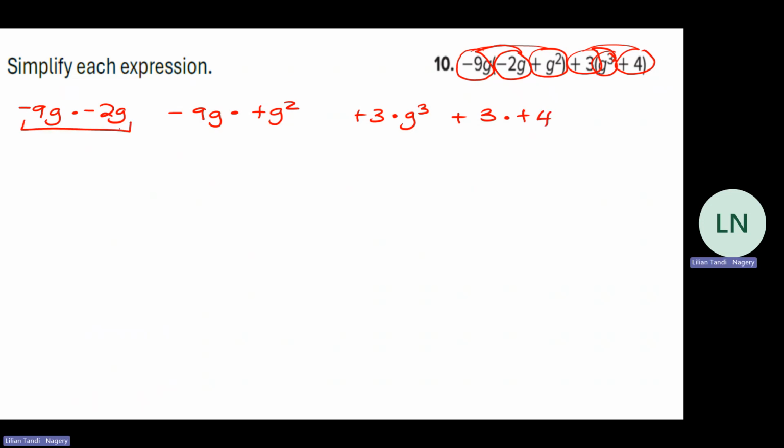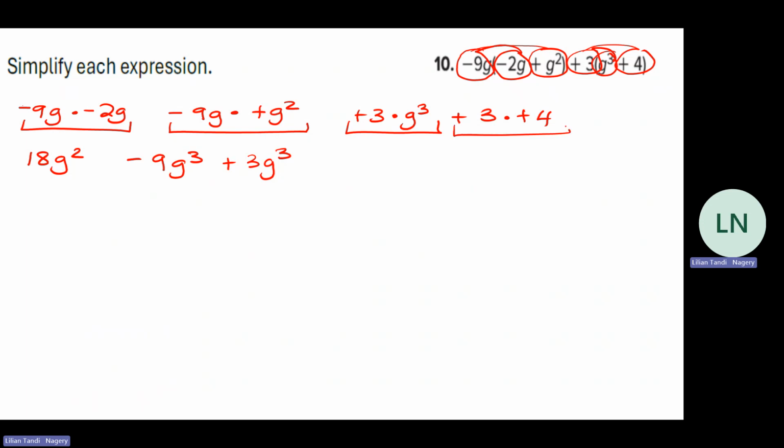So the answer to this will be 18G squared, because a negative times a negative is a positive. This one becomes negative 9G cubed. This one becomes positive 3G cubed.